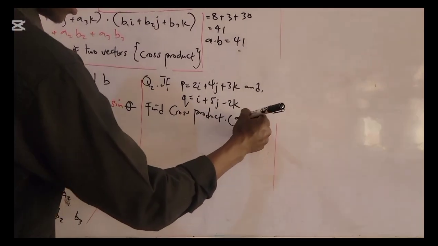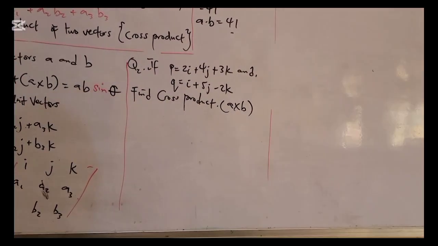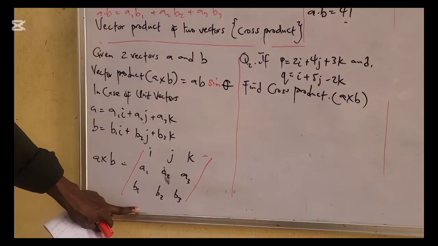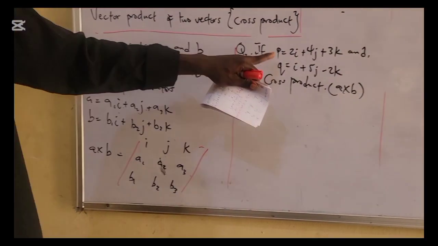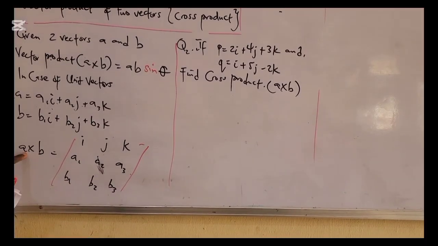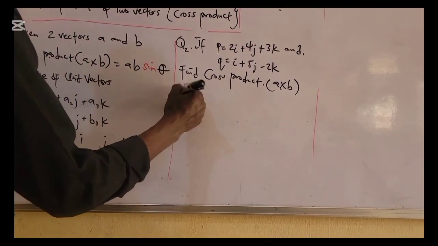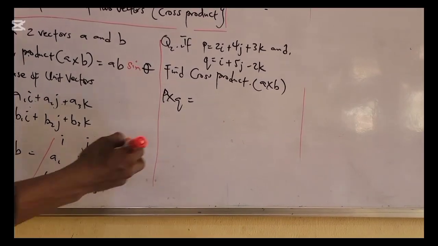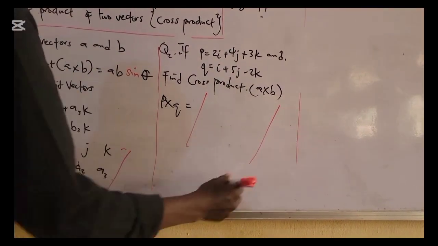What's the cross product? Cross product is A cross B, as simple as that. So we already know that we are using the determinant method. Since we know our P and Q, we are using P and Q instead of A and B here. So you just write P cross Q, then you draw out your determinant.